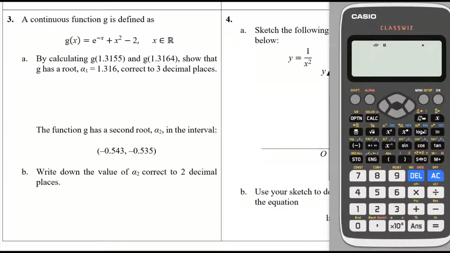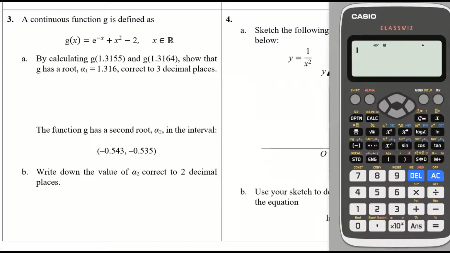Okay, moving on to question 3, we have another continuous function, g. Now this has e to the minus x as the first term, x squared and -2. Part A says that by calculating g of 1.3155 and g of 1.3164, show that g has a root alpha 1 equal to 1.316, correct to 3 decimal places.